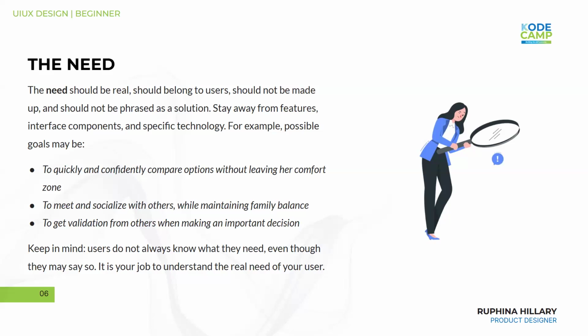Two, to meet and socialize with others while maintaining family balance. Three, to get validation from others when making an important decision. So now you see that these need statements are not pointing at specific features, applications or digital devices. They're just pointing at the general need.